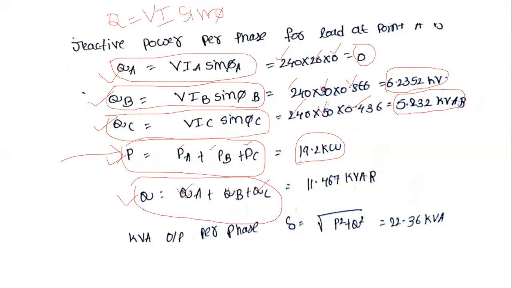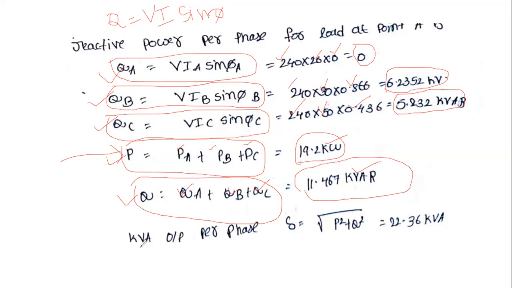Therefore, QA is equal to 0, plus QB, 6.235, plus QC, 5.23. This is 11.467 kVAR. The unit for reactive power is kVAR and for active power is kW.